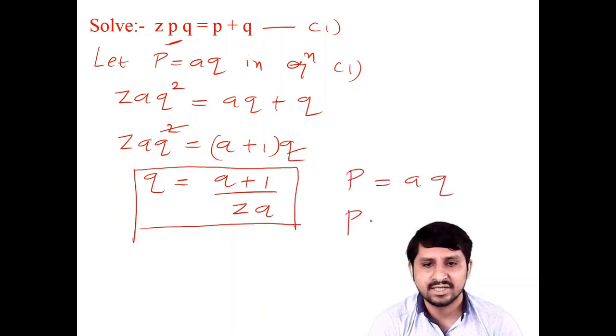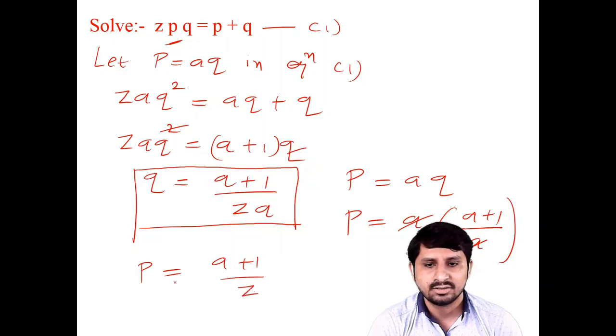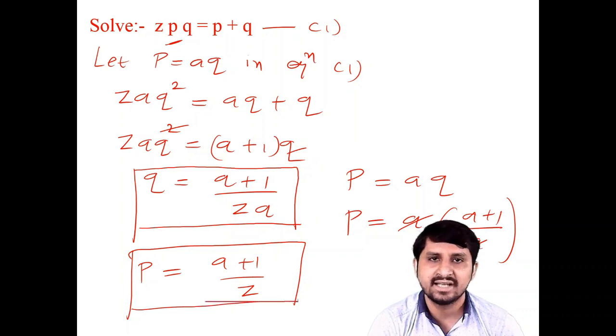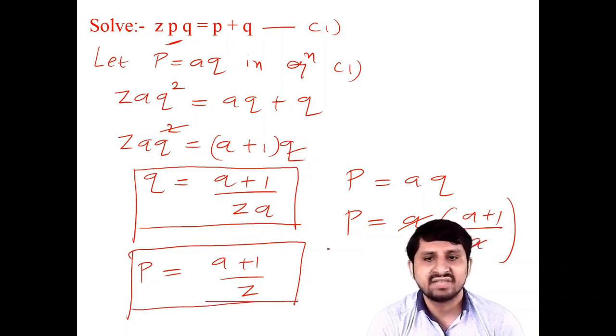So the value of p is a times a plus 1 upon z a, so this a cancels out. So finally p is nothing but a plus 1 upon z only. So the value of p and the value of q in terms of z and a, that we get.